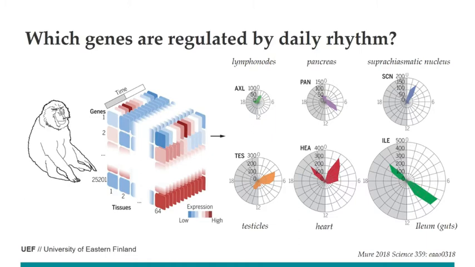And there are. In the suprachiasmatic nucleus, there are about 100 different genes that have this rhythm, and they are mostly active early in the morning or at night. And then, for example, in the gut, in the ileum, they have 2 peaks, and there are about 400 different genes that are activated.